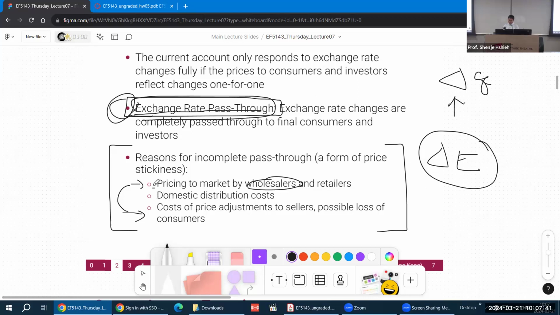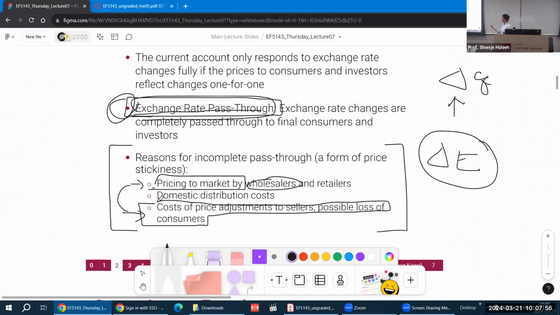All right, so that's the microeconomic explanation of this. Of course, the third bullet point is also related. This is about playing the long run game. So even if we're not talking about monopoly prices, some companies and sellers may not be willing to change prices because they don't want to lose their customers, because they think the change in E is temporary.